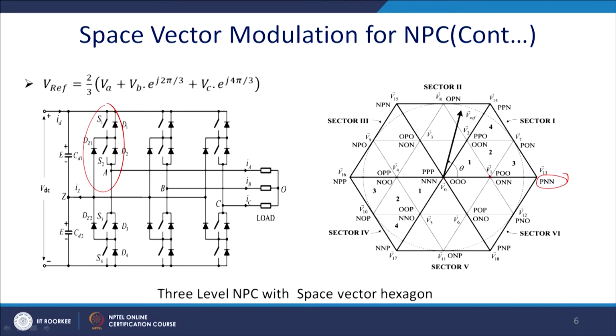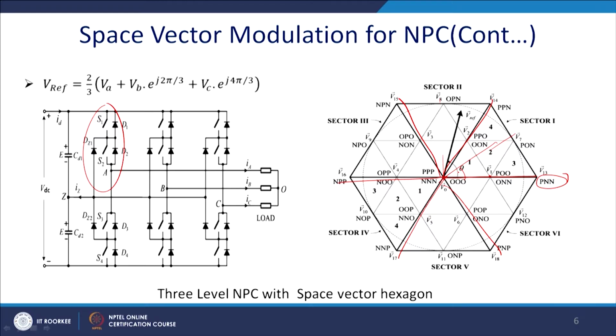And if you extend, this is 13, this is 14, this is 15, this is 16, this is 17 and this is 18. And there are a few vectors, this is vector V7, V8, these are half angle vectors, the angle is 30 degrees.